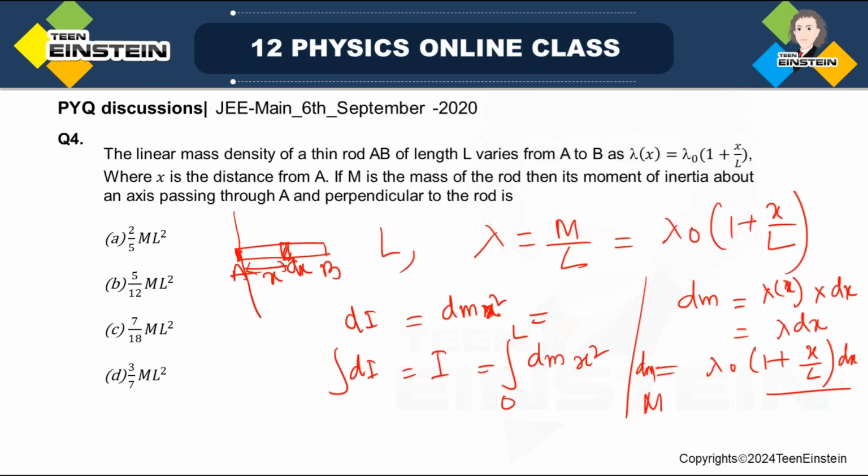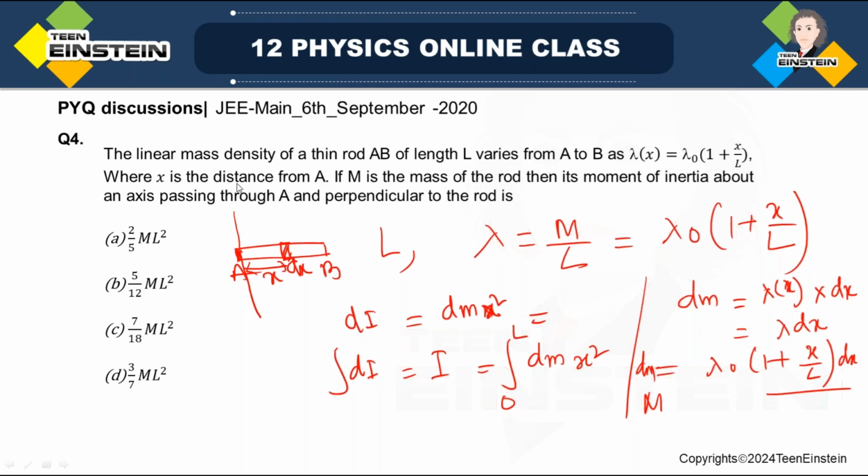The linear mass density of a thin rod AB of length L varies from A to B as lambda x is equal to lambda naught into 1 plus x by L. So this much is fine.